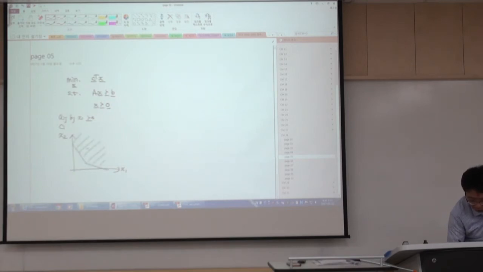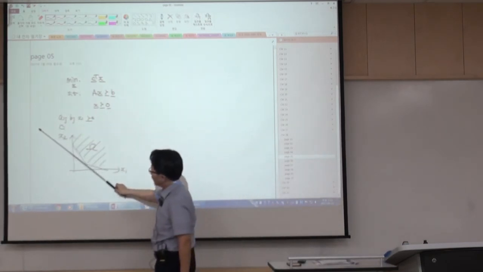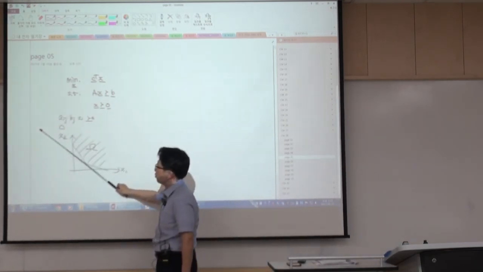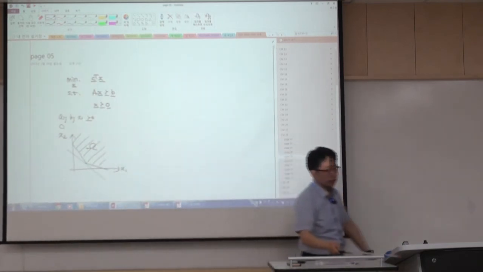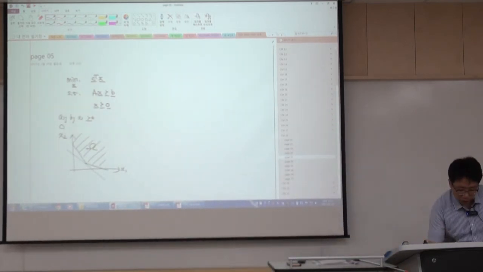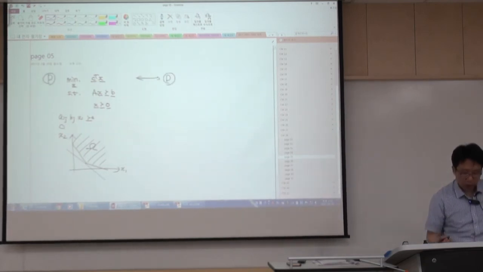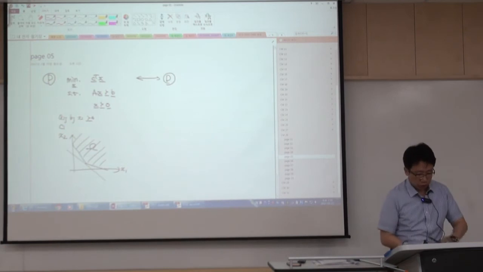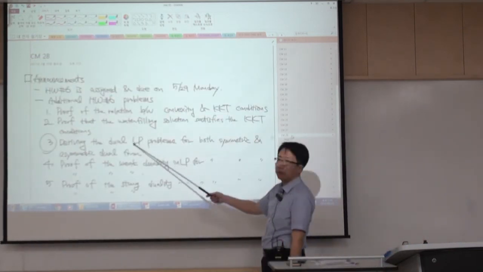So this is our omega, the constraint set, and you want to find the minimum objective function value that a straight line with negative slope can achieve. You've seen a lot of such problems. So this is the primal. What is the dual? As I told you, you need to show this in your third additional problem.